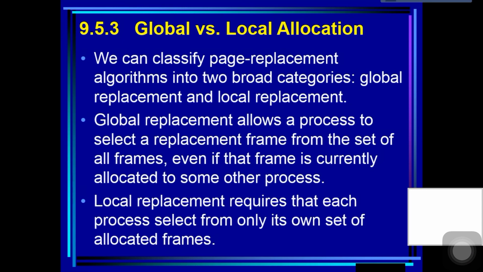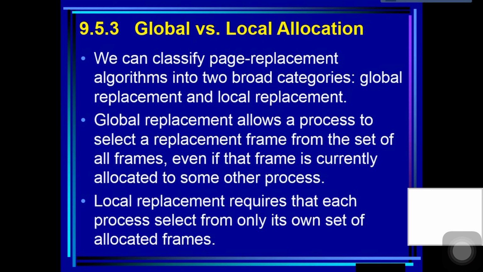With multiple processes competing for frames, we can classify page replacement algorithms into two broad categories: global replacement and local replacement. Global replacement allows a process to select a replacement frame from the set of all frames, even if that frame is currently allocated to some other process.